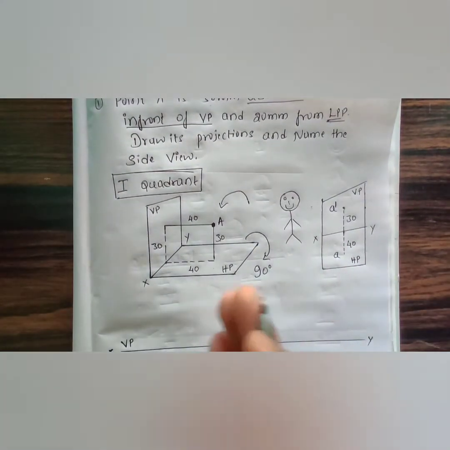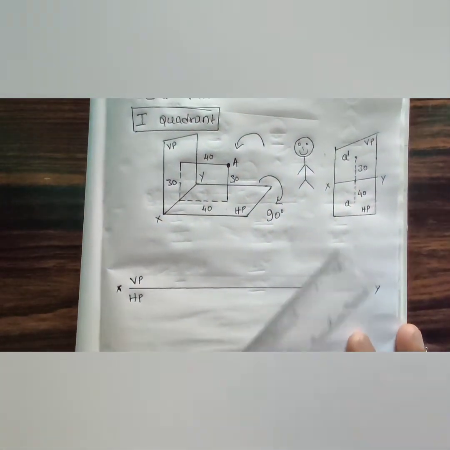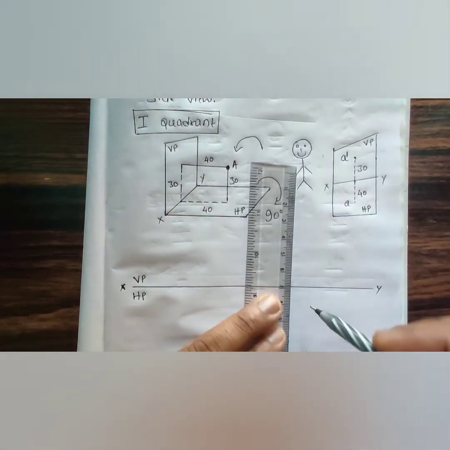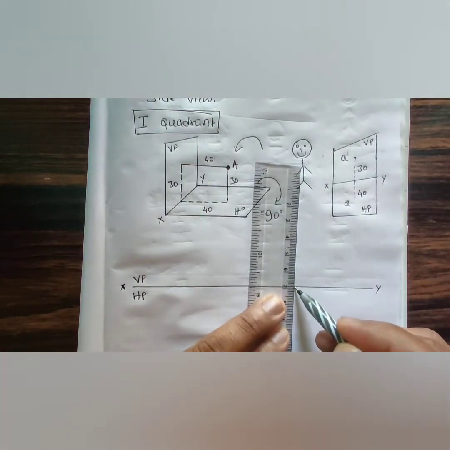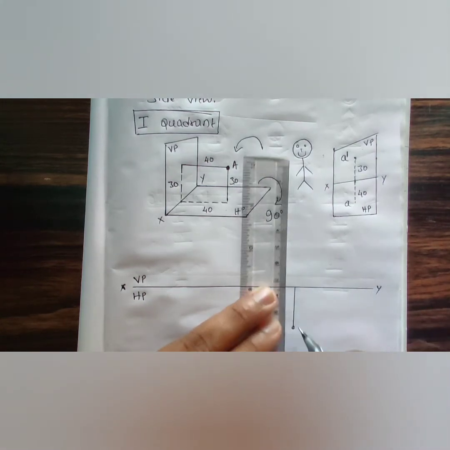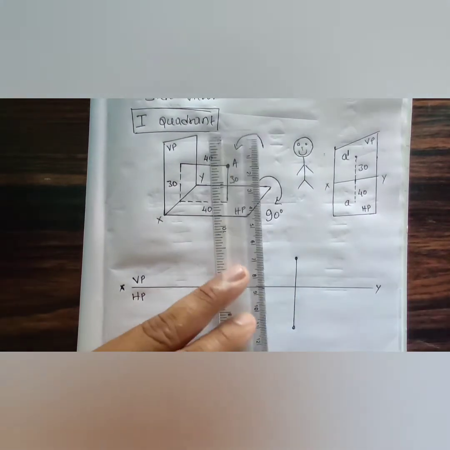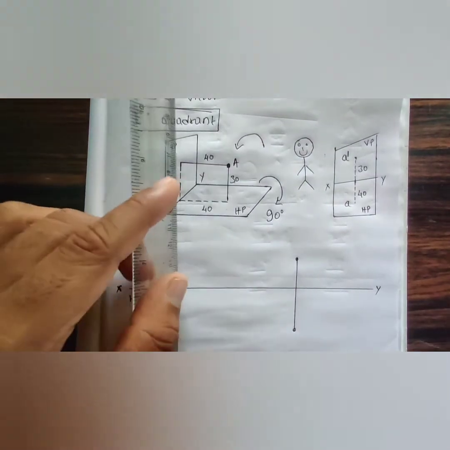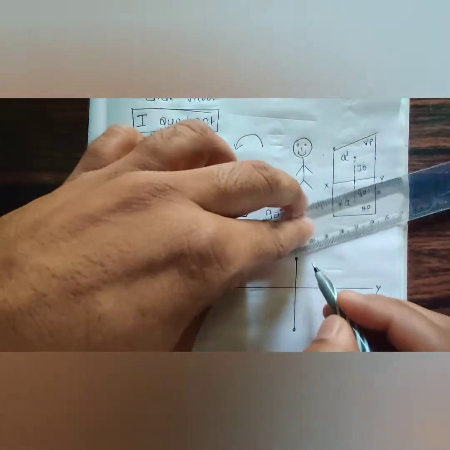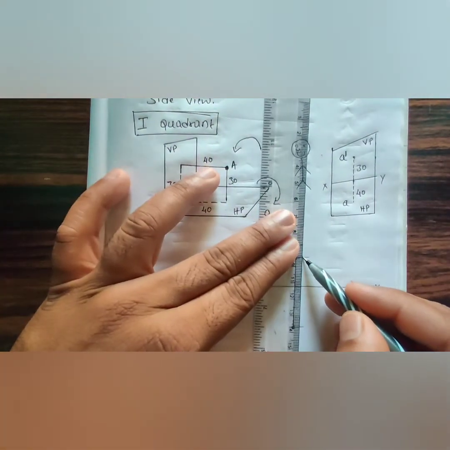So let us have some space towards our left and we'll have the solution in the right. So I'll just copy whatever we got here in this position. So this is my 40 line. You have to actually measure 40 and write. Here I am simply showing without any measurements, but while you are doing it, please take actual 40 and actual 30 as measurements.